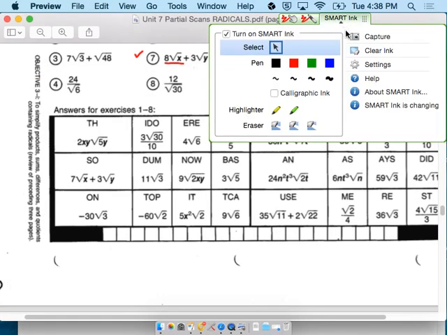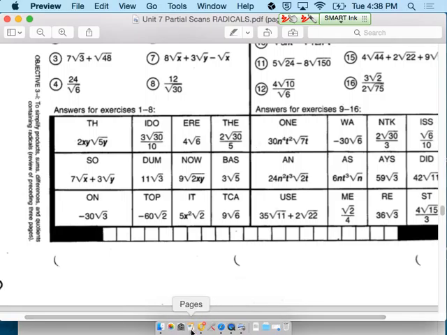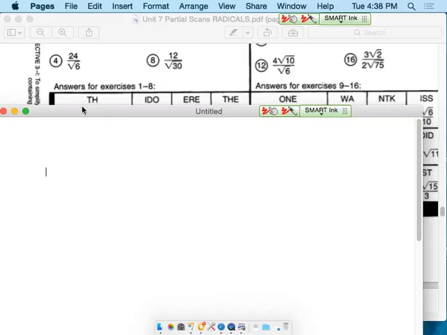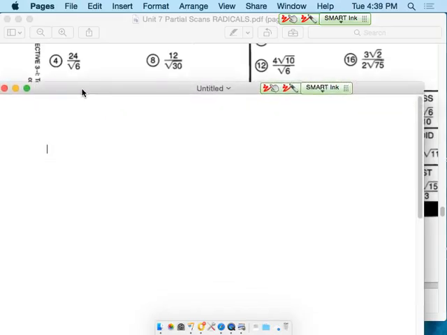And let's see, it looks like the other problems here are just simply rationalizing the denominator. So number 4, let's look at number 4. And the 24 on top is not under a radical. So what I would do with this is just simply multiply by radical 6 over radical 6, just to get rid of the 6 that's sitting in the denominator of that fraction.